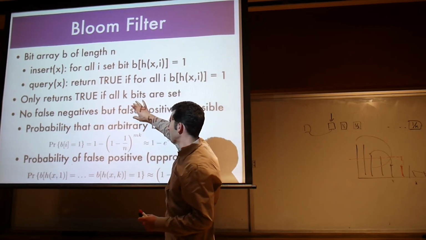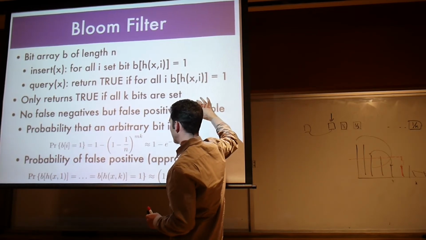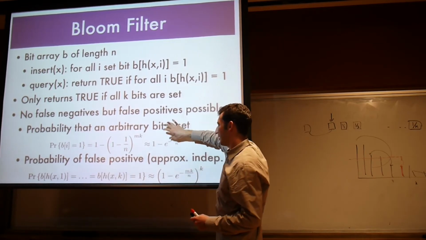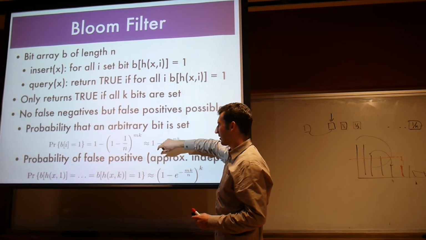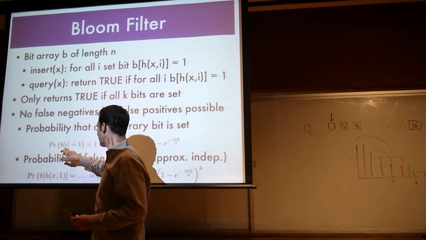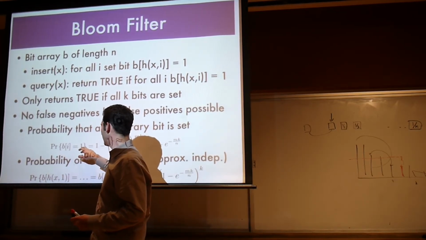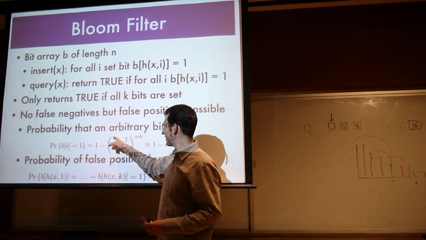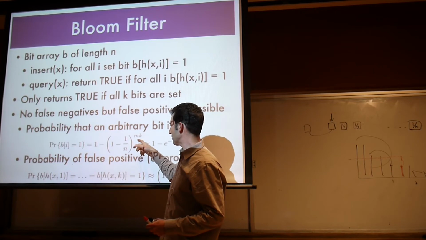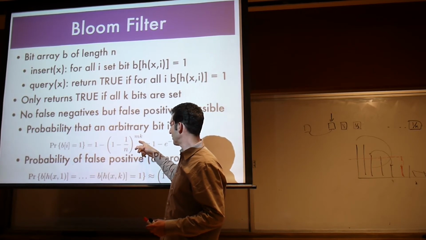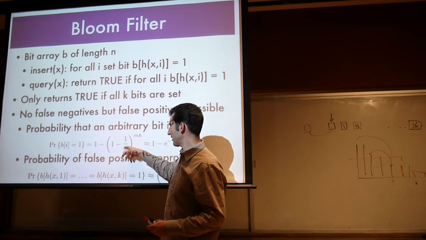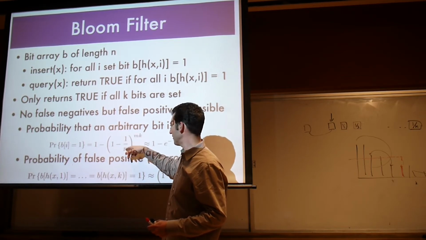Now obviously you're not going to get any false negatives. Now in order to find out about the false positives, let's do a little bit of reasoning. The probability that some random bit is set to 1 is just 1 minus the probability that it remains 0. So 1 over n, if I have n bits, is the probability that a random bit will be set to 1.